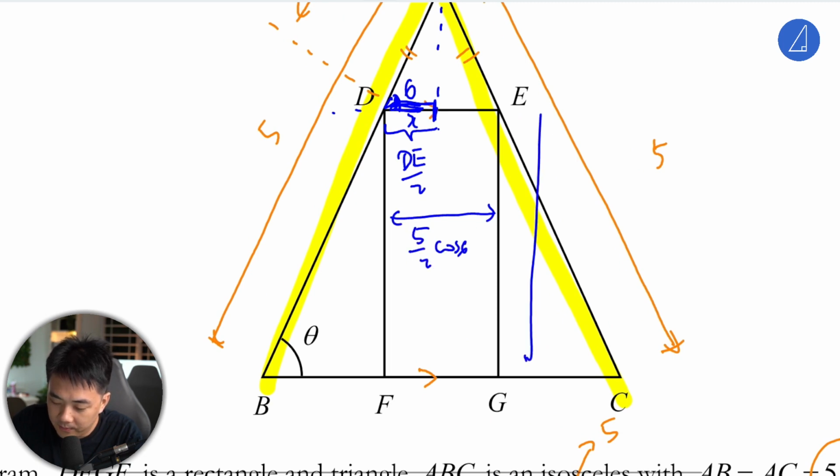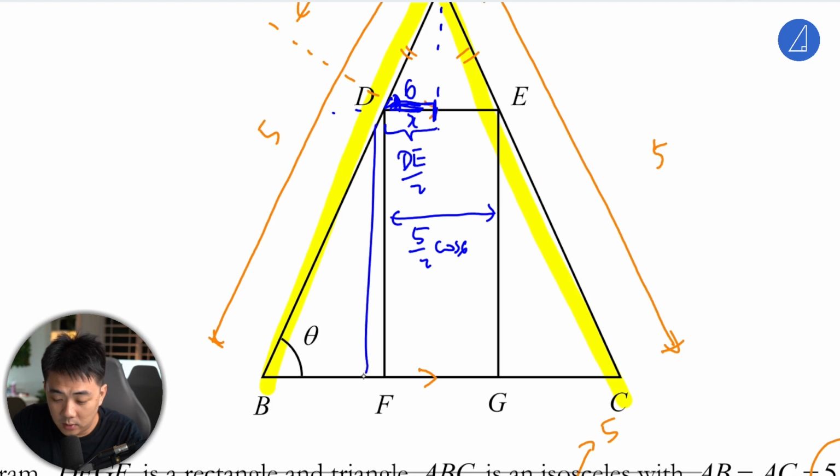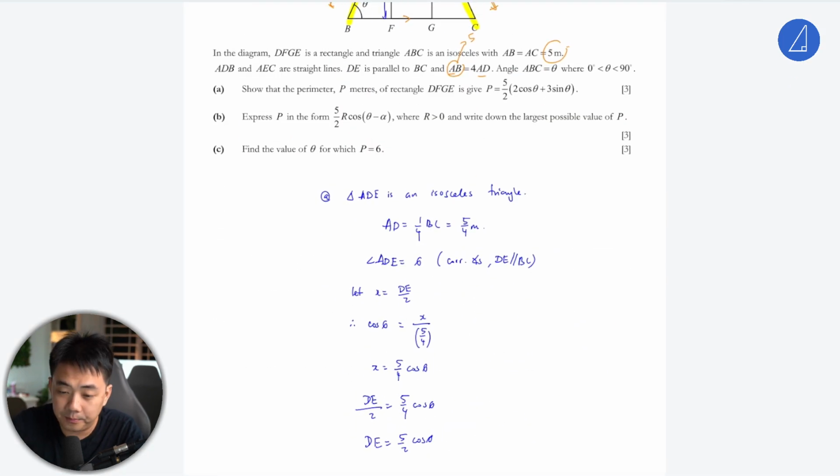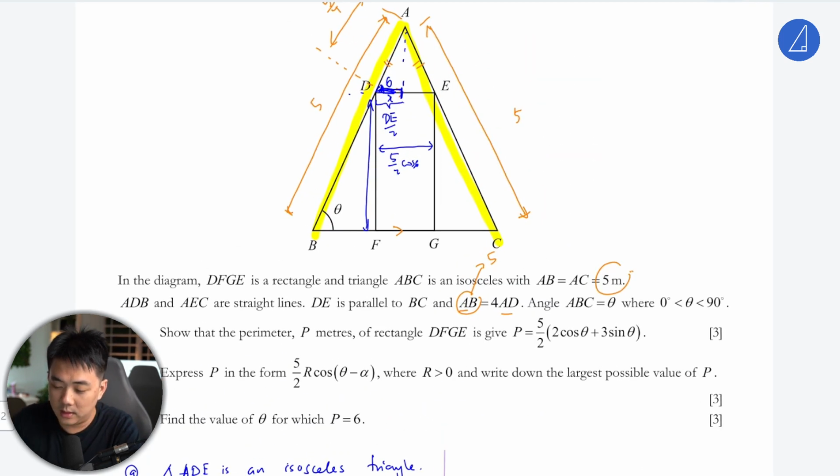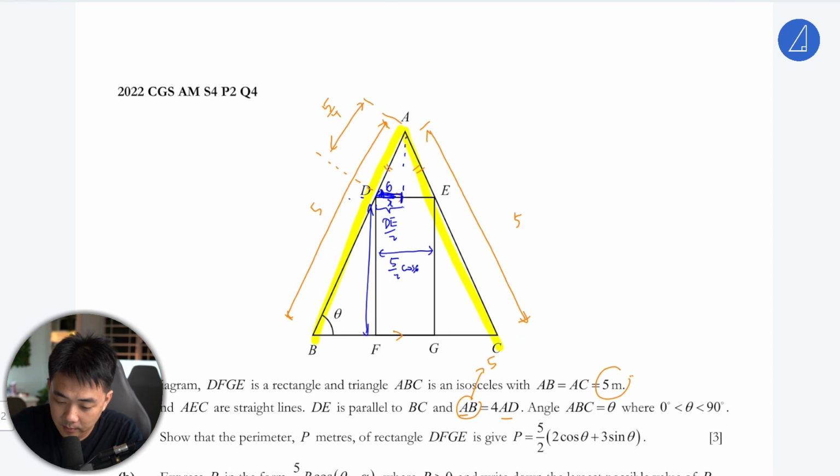The height here, what you're going to do is just use trigo ratio as well, DF. Alright. So here we're going to use this length, which will then be 5 minus BD, 5 minus 5 over 4, right? Which is 15 over 4. Just write it down.